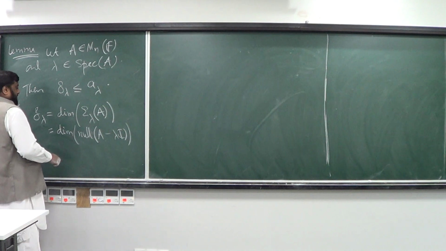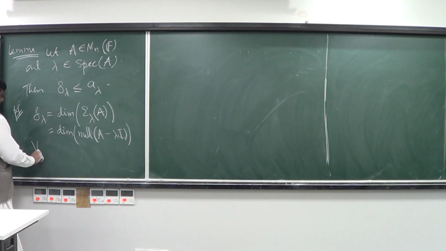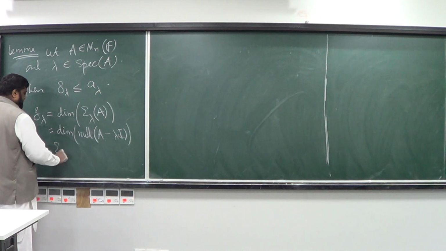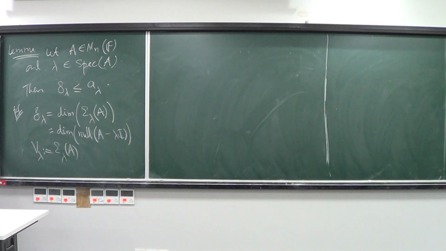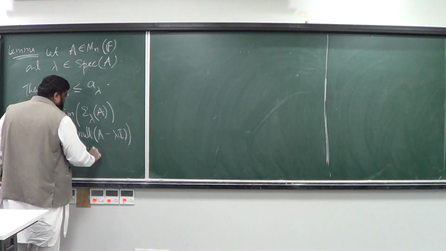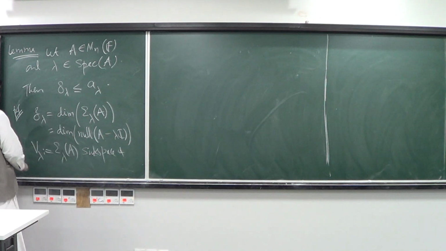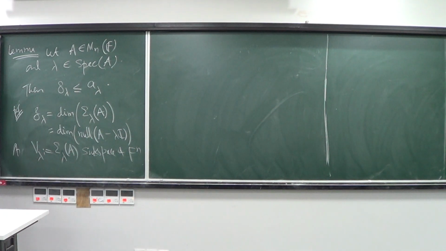So it's equal to the dimension of the null space of A minus lambda I. Let's call this eigenspace V lambda. So V lambda is the eigenspace of A. Now, since this is a subspace of F^n, you can find an orthogonal complement of it.